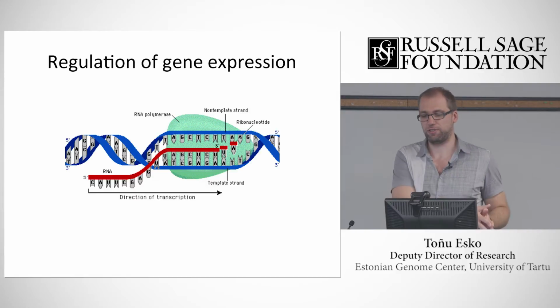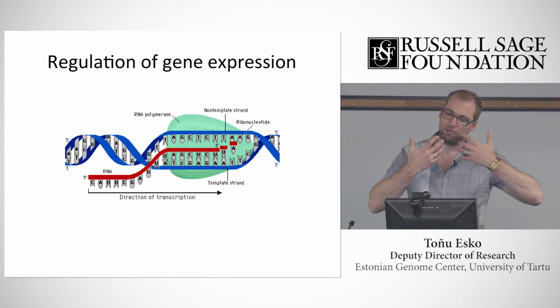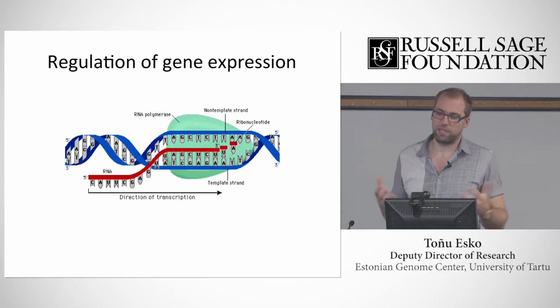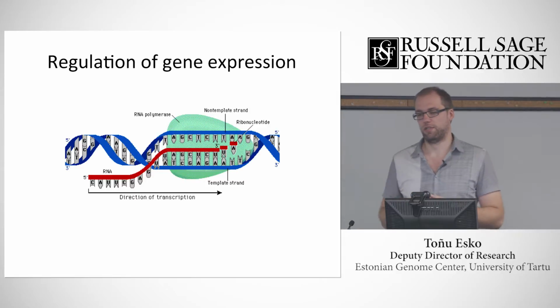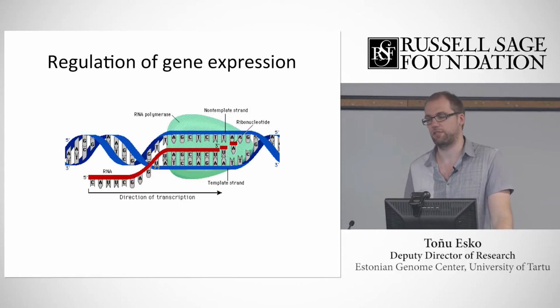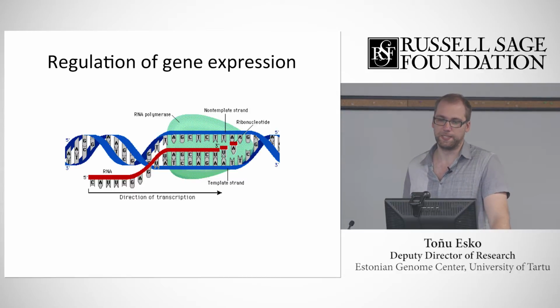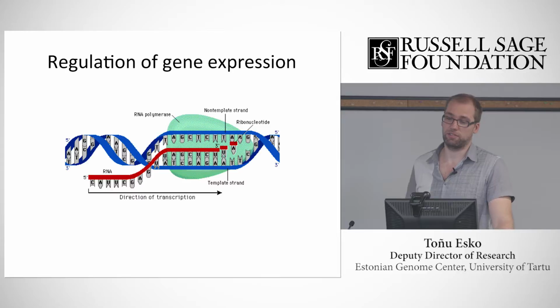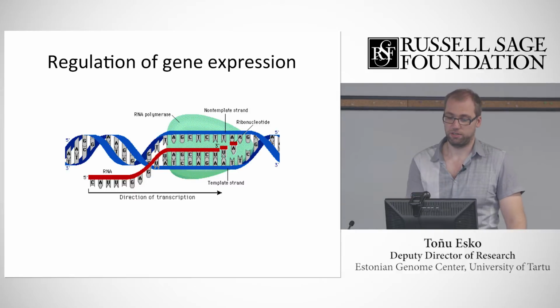It can also be that in certain tissues the gene is expressed, or the mRNA is produced, say, 10 or 100 or 10,000 times more abundantly than in other tissues. So in a way that regulates how a gene has a function, and why it's important: from gene expression we can in a way infer if the variant that we have identified in our association testing may be functional, or at least have some effect on the genes that are nearby.